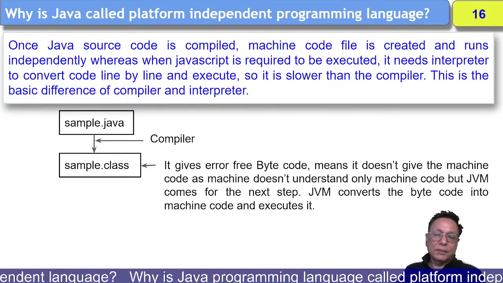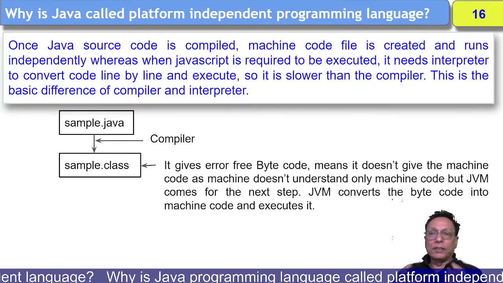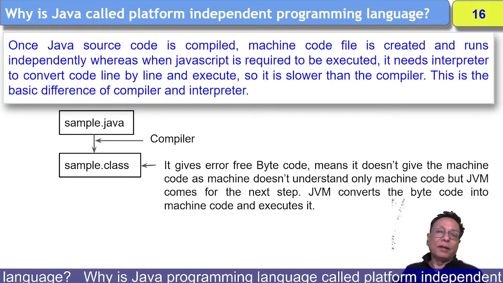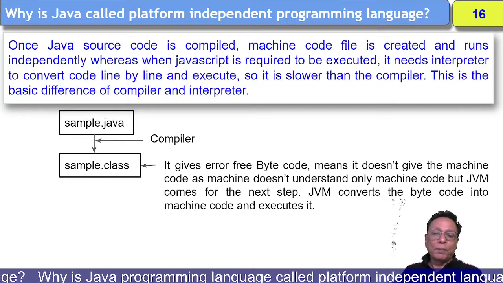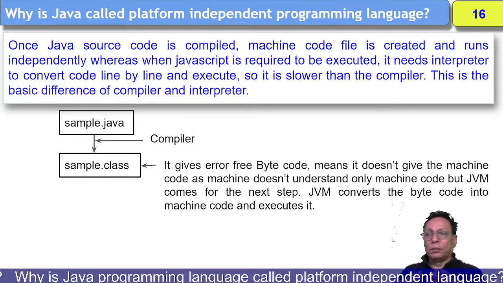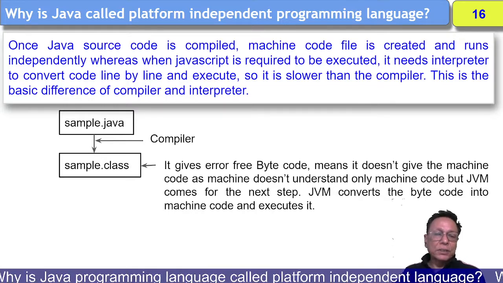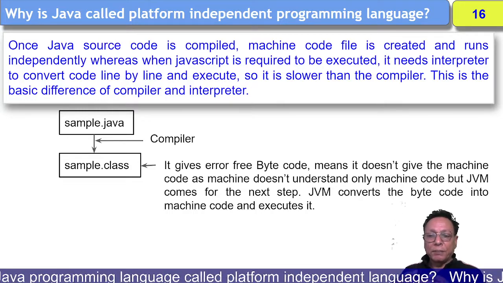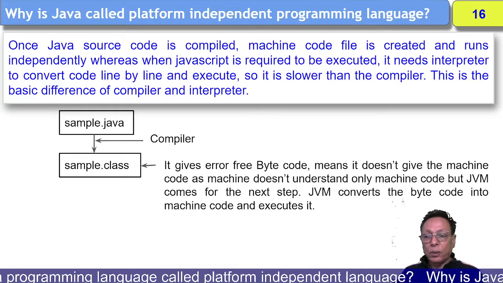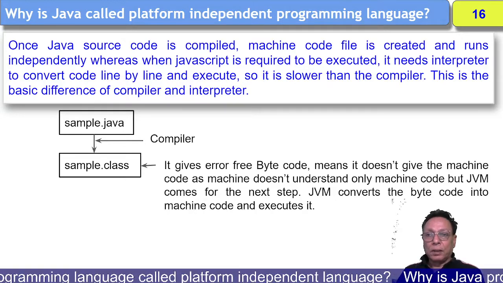It is well known that when a Java program is compiled, a new file is created, which is known as the bytecode. The bytecode file has the extension .class. It does not give the machine code, as the machine does not understand it.